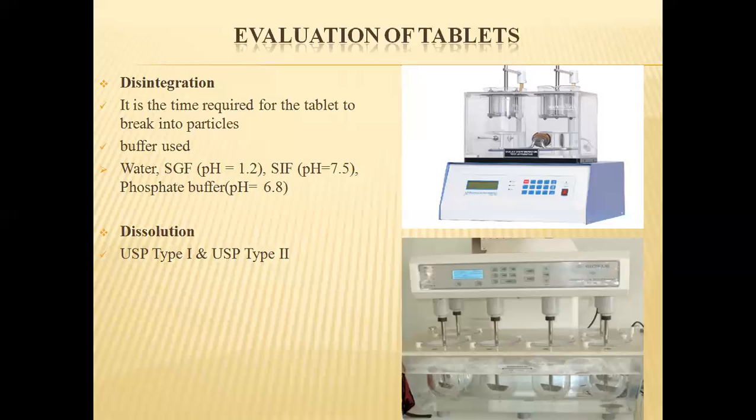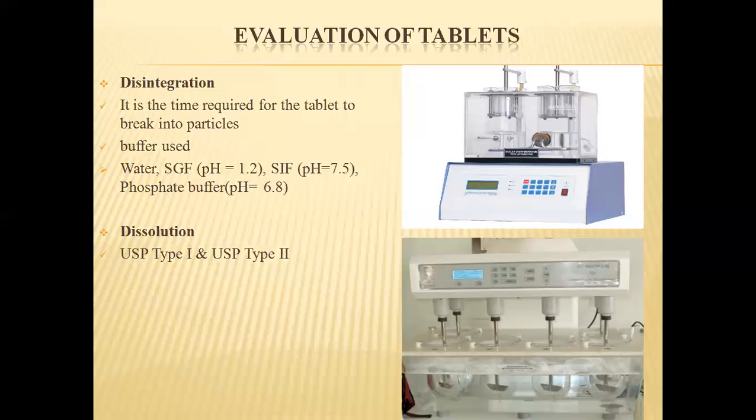It has a capacity of 1000 ml and it is fitted with a motor. The motor can run from 25 to 150 rpm. The temperature maintained inside is around 37 plus minus 0.5 degree centigrade.